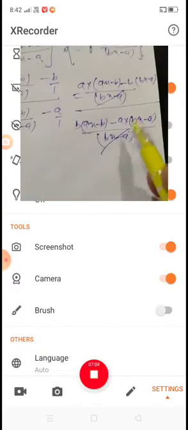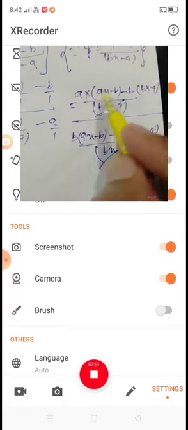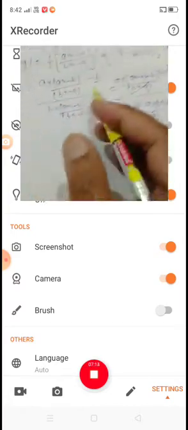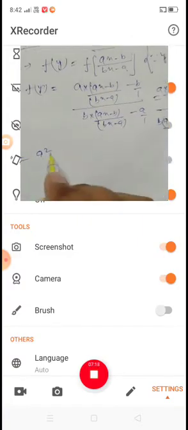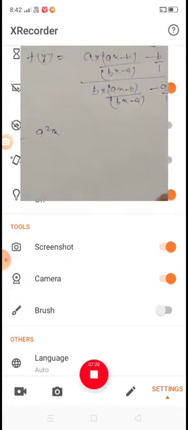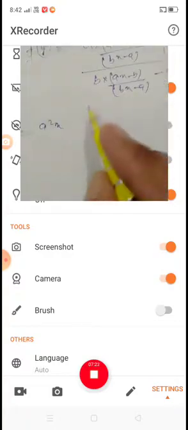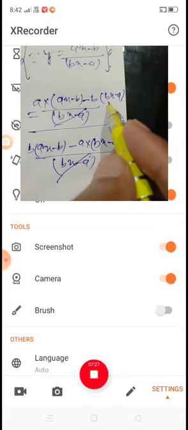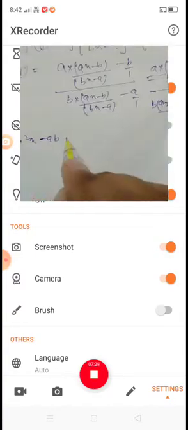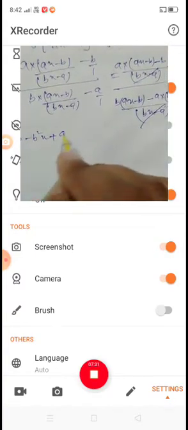So we have f of y equal to, we multiply by a in (ax minus b), so we have a square x minus ab minus b square x plus ab plus ab.